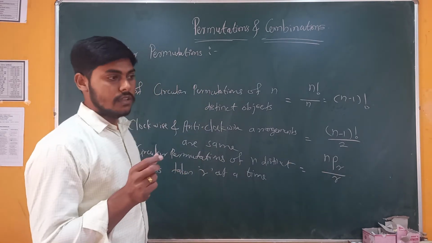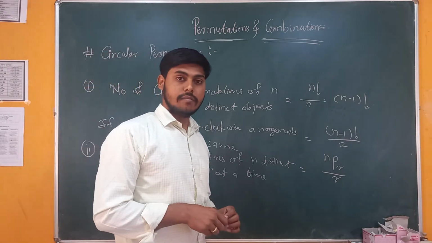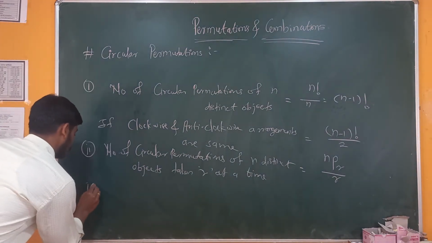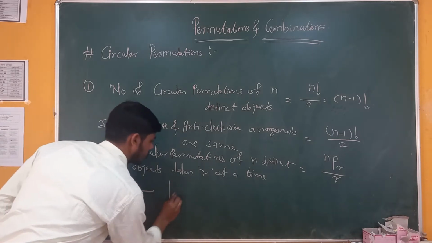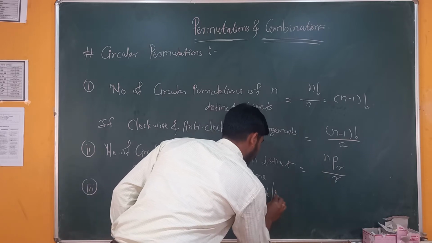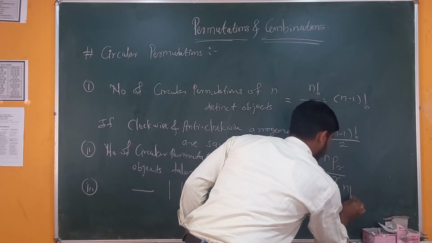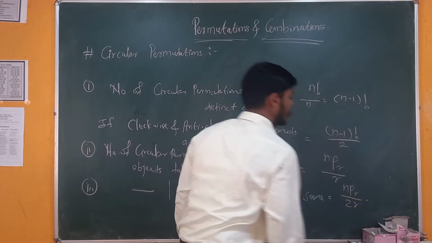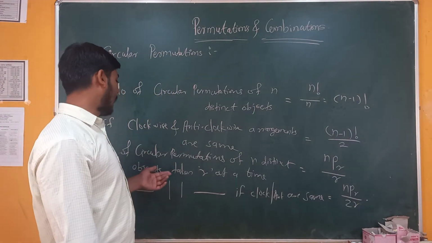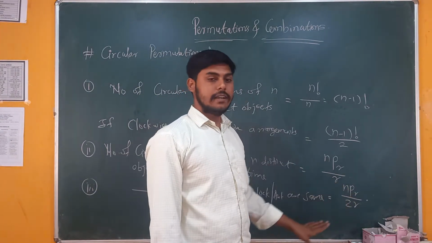If clockwise and anti-clockwise arrangements are considered to be the same, then our formula changes: the number of circular permutations to arrange r distinct objects taken from n objects is equal to nPr divided by 2r.